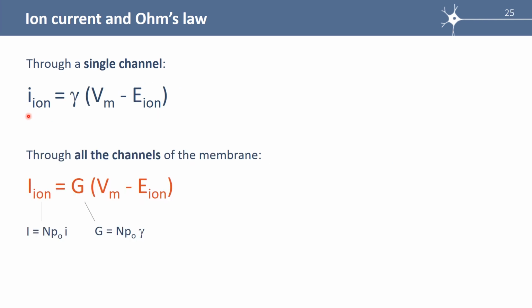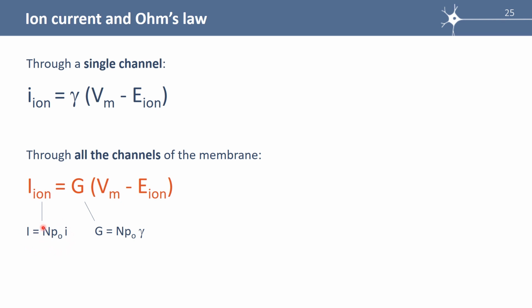Through a single channel, we have seen how to write Ohm's law. What happens now when all the channels of the membrane are open? We have what we call a total current. It's capital I of the ion equals G multiplied by the driving force. And the relation between single channel current and total current is this one. What is NPo?